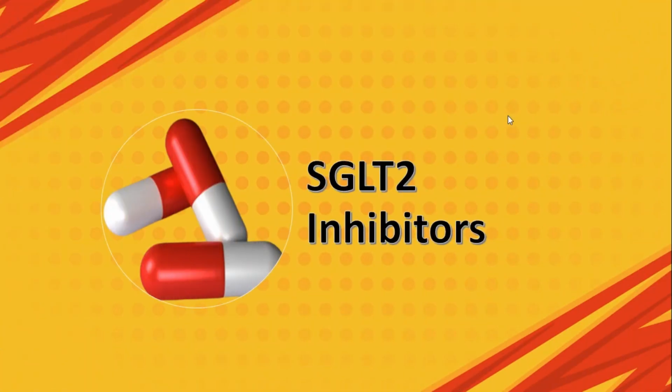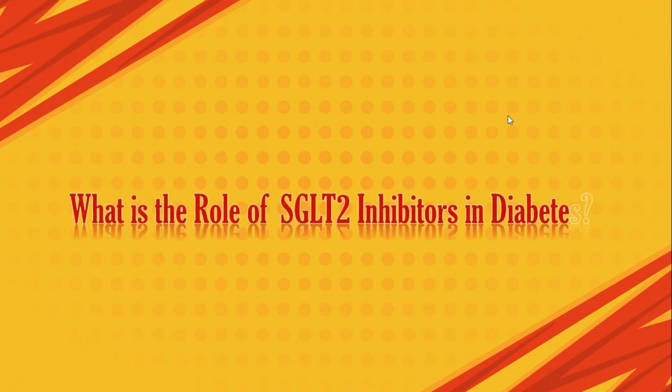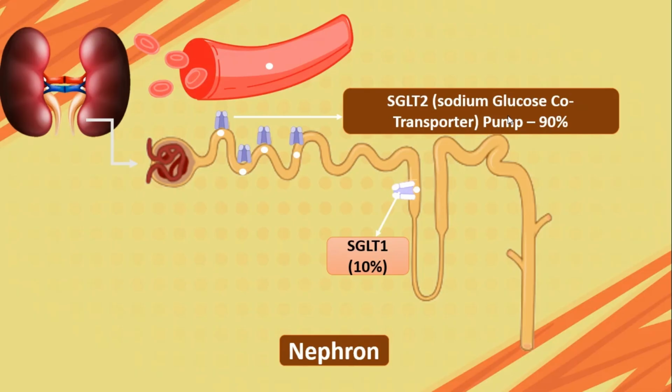So, how do SGLT2 inhibitors come into the picture? What is the role of SGLT2 inhibitors in diabetes? As you are aware, glucose with the help of the SGLT2 pump enters into the blood, and in return the blood glucose level rises in diabetic patients.